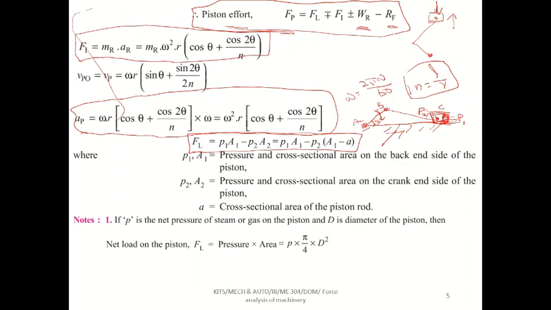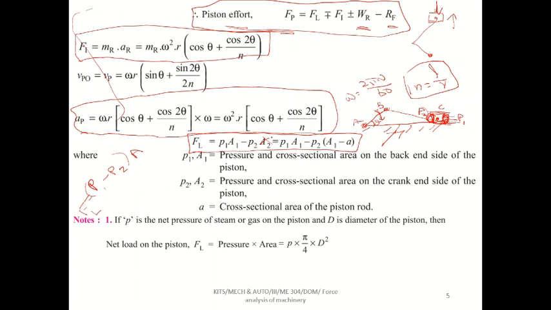A2 means area of the piston at this place. Most of the time they won't give the A2 value, so you can reject this A2, only A1. You have to write like this: P1 minus P2 into A equal to FL.